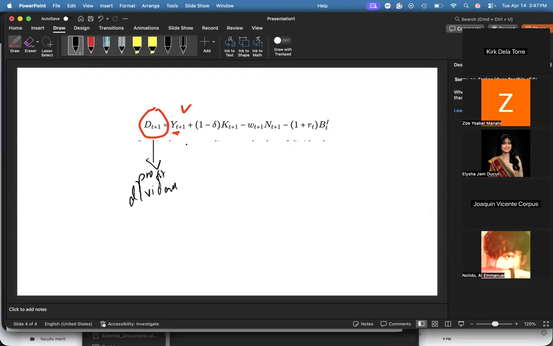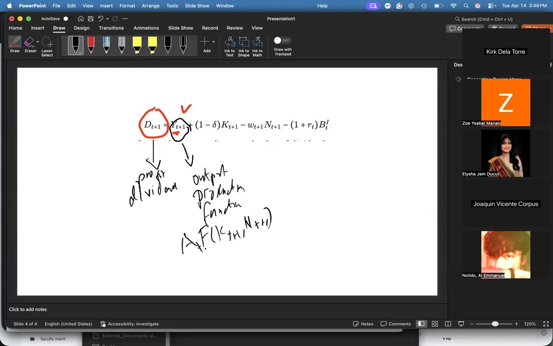What do you call this one? This guy. This is your output coming from your production function. Ano yung itsura ng production function? You've got your F, you've got your K, T+1, and then you've got your N, T+1. Then usually there's a technology here as well, T+1. Does that make sense, guys? Meaning your profit will essentially come from what you produce, right? Then you sell what you produce. What's this next term here?